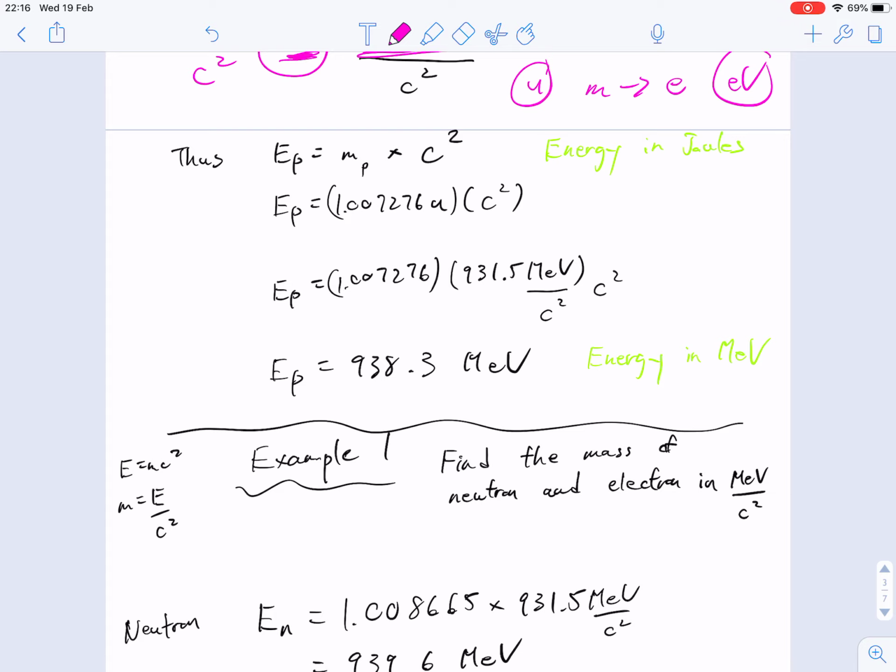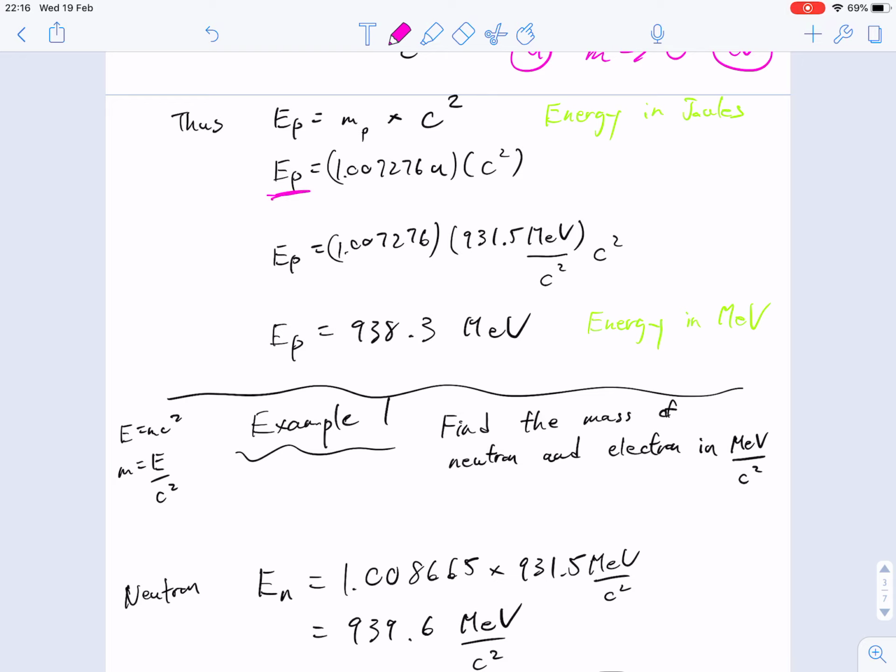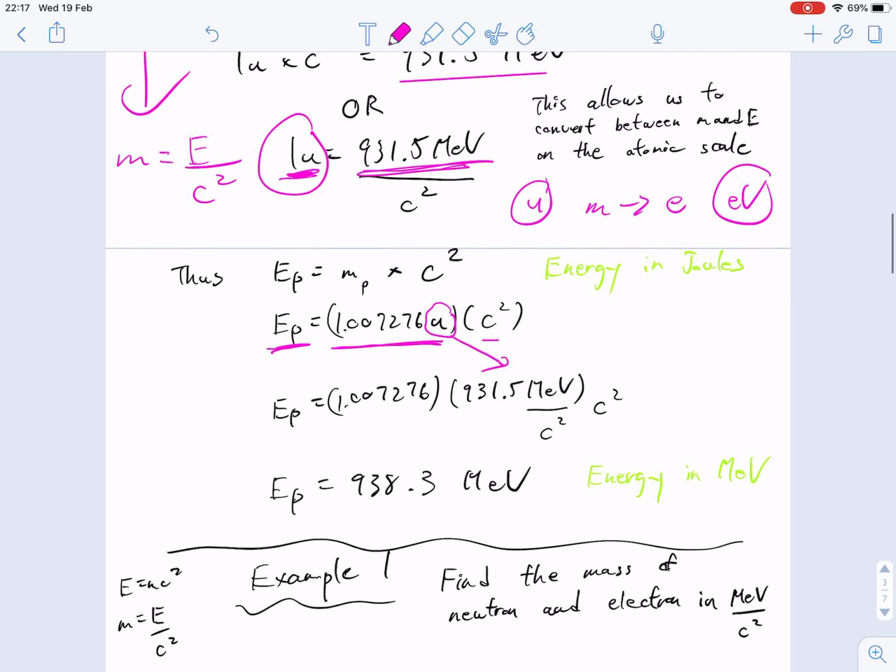Okay, so here we have an example to help us illustrate that. The energy of a proton can be calculated by its unified atomic mass, and we multiply that by the speed of light. To show you what's going on, 1 U can be replaced with this. That's exactly what we saw here.